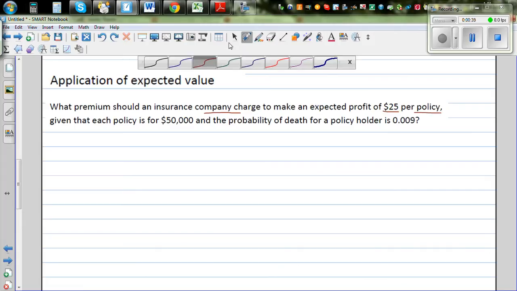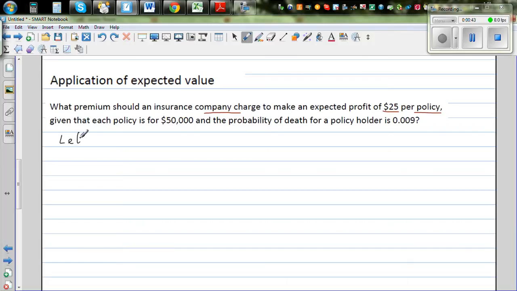So let the premium be P. Let the premium they are going to charge be equal to P. P is the amount of insurance, and the expected gain that the insurance company wants is $25 per policy.